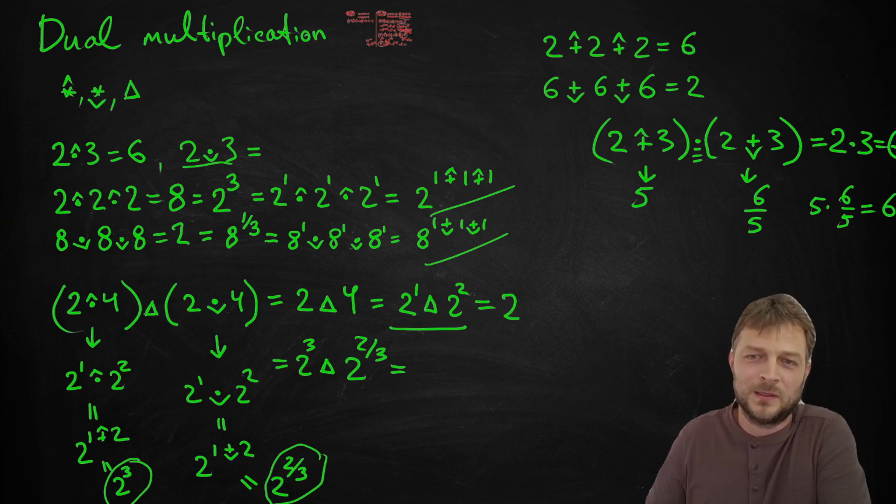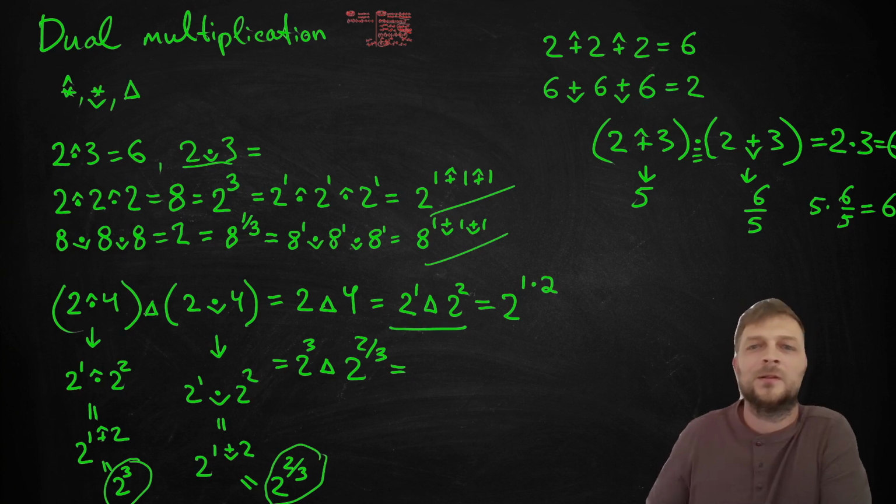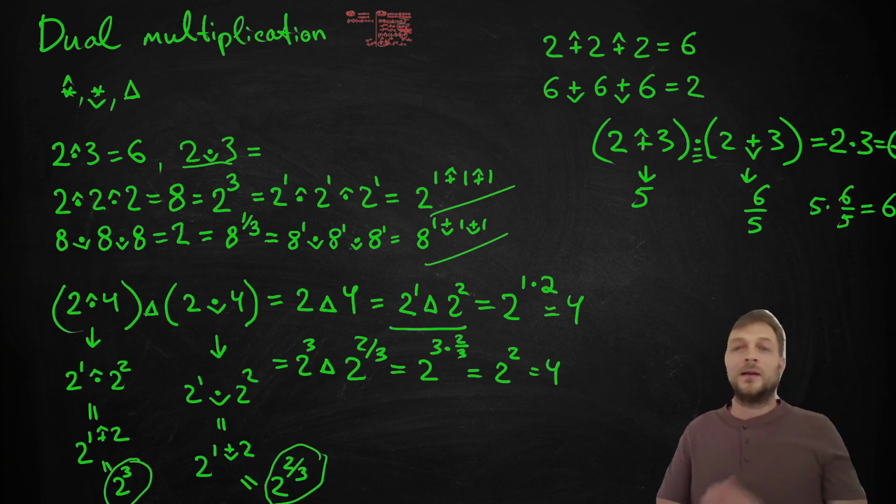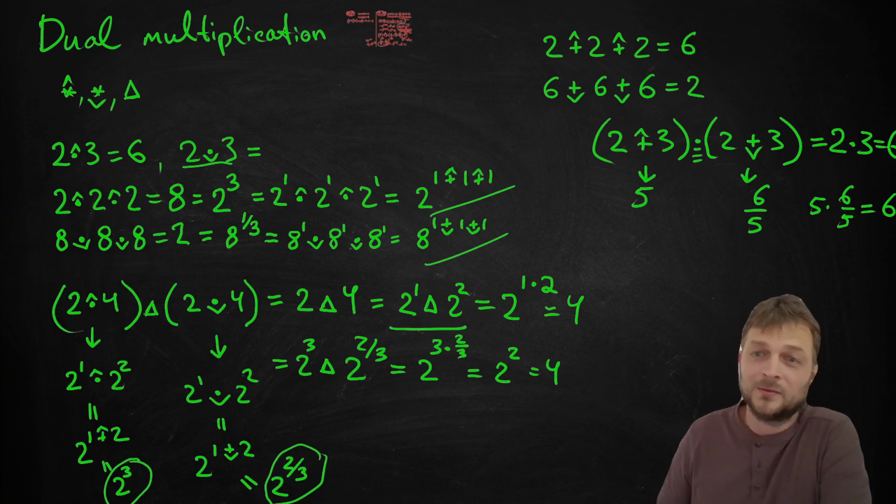So the triangle will be multiplying powers of these two. And then here we get 3 multiplied by 2 thirds, and this is equal to the power 2, so it equals 4. And as such we will define the triangle operation.